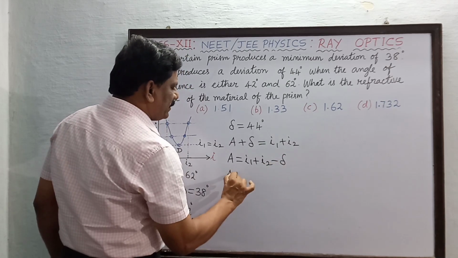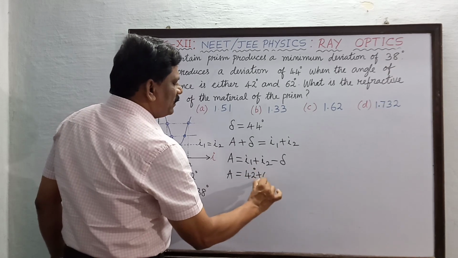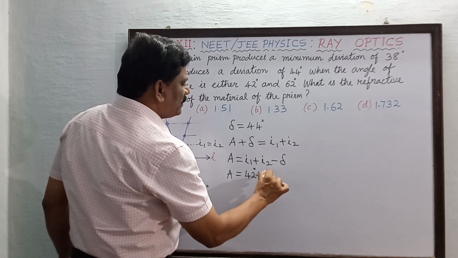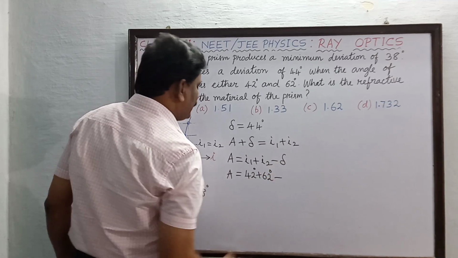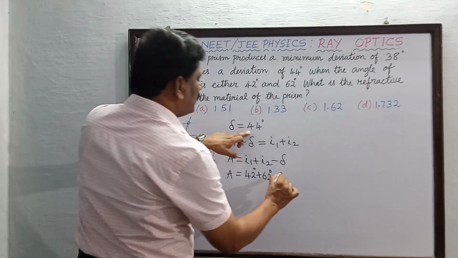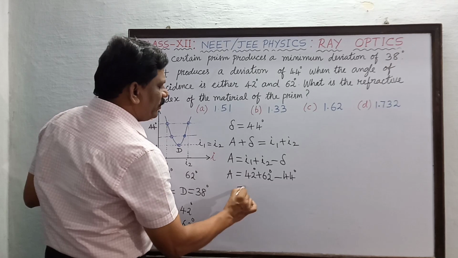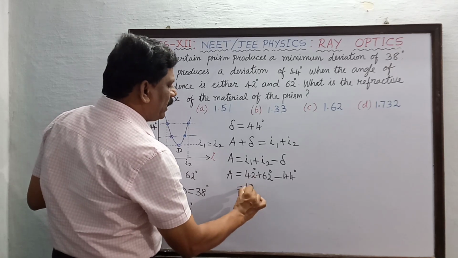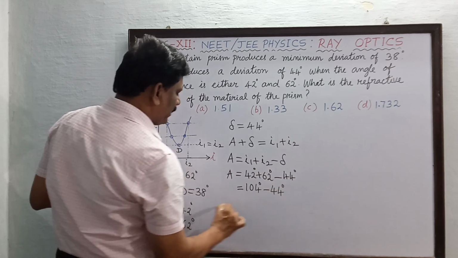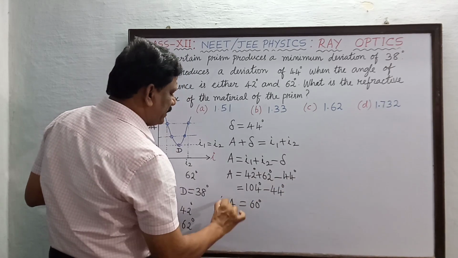A is equal to 42 plus 62 minus deviation, which is given as 44 degrees. So this is 104 minus 44. Therefore, the angle of prism is equal to 60 degrees.